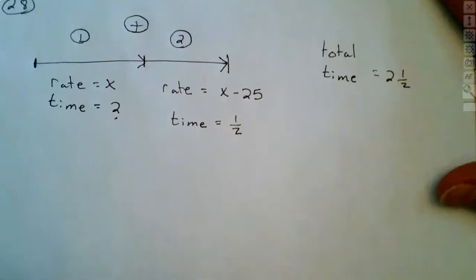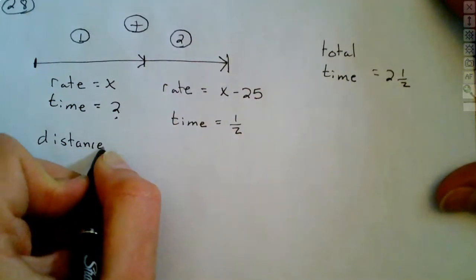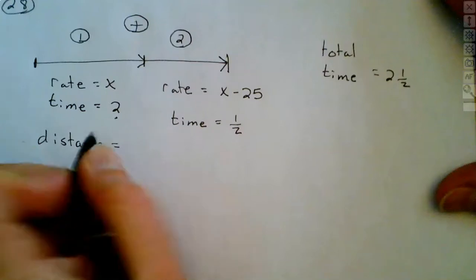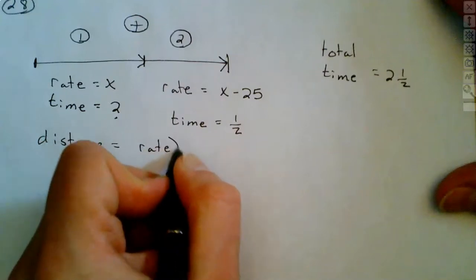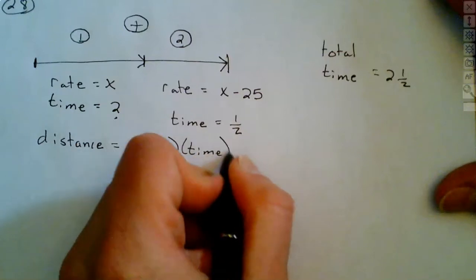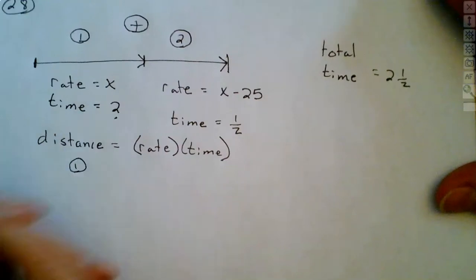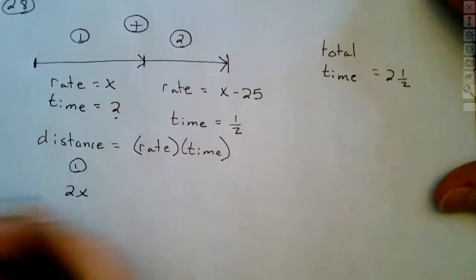So let's go ahead and build our formula. Again, distance equals the rate times the time. So for our first one, rate times time is 2x.